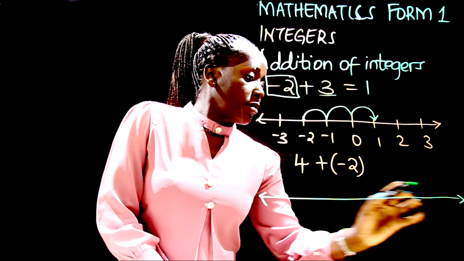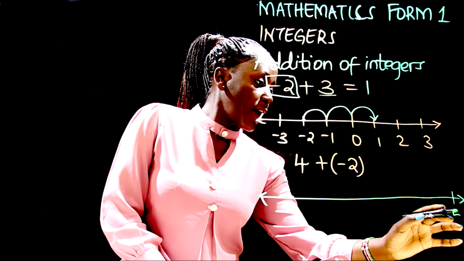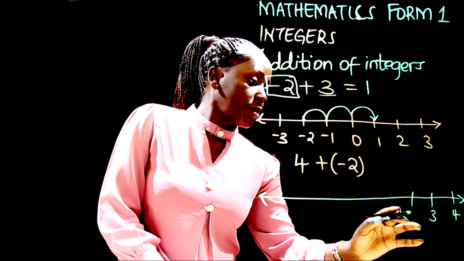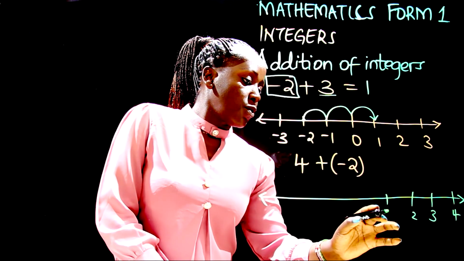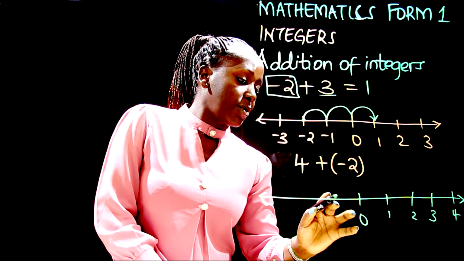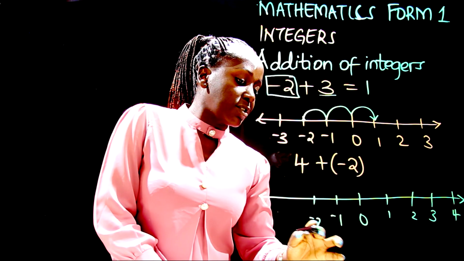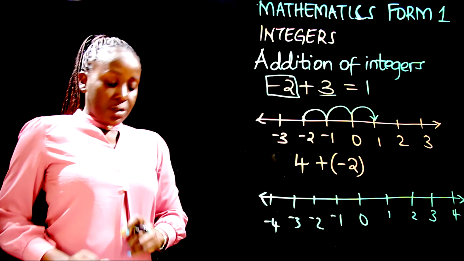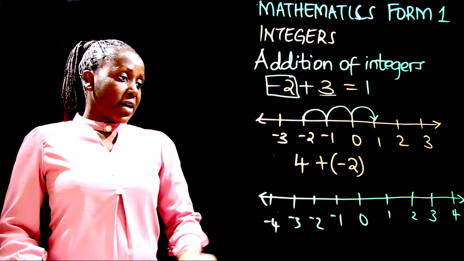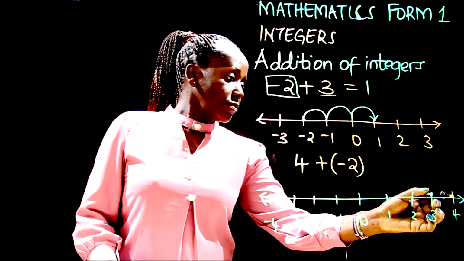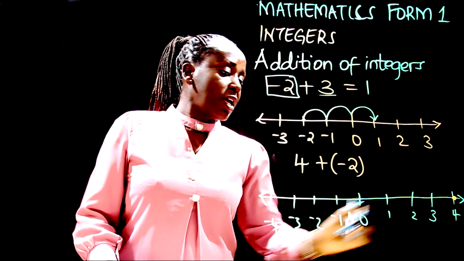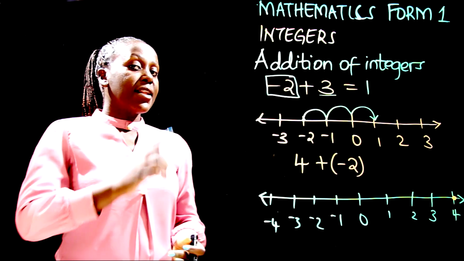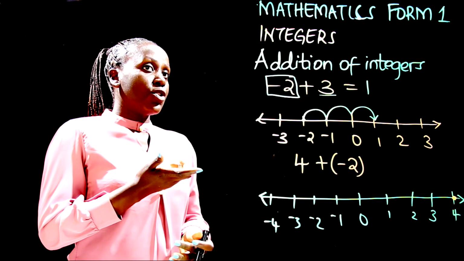Then we have 4 here, 3, 2, 1, 0, -1, -2, -3, -4. So we are going to begin from which number? From 4. And then we add -2.